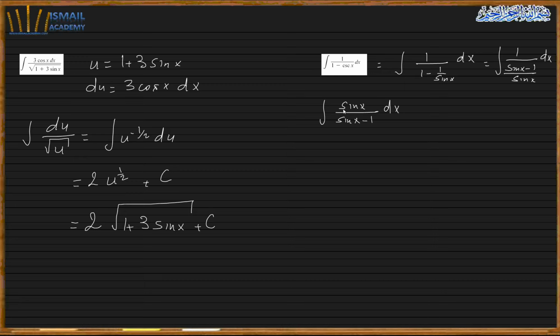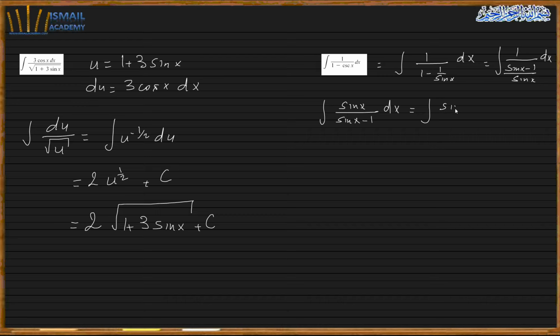You see, if I substitute here sine x by u, I will have cosine, but I don't have cosine here. So what I need to do here, let me create cosine first. I need cosine, so I don't have cosine here. So let me split this one out, to make it simpler.